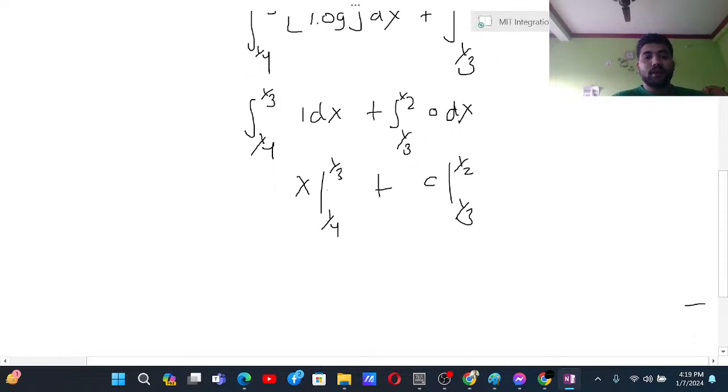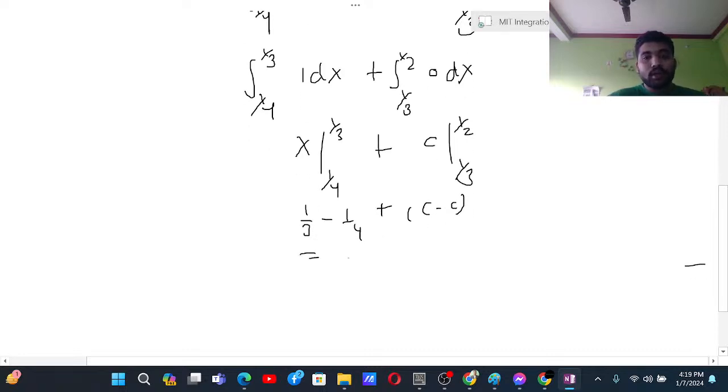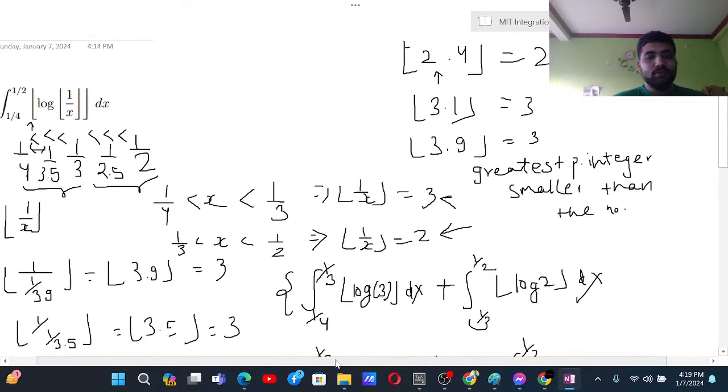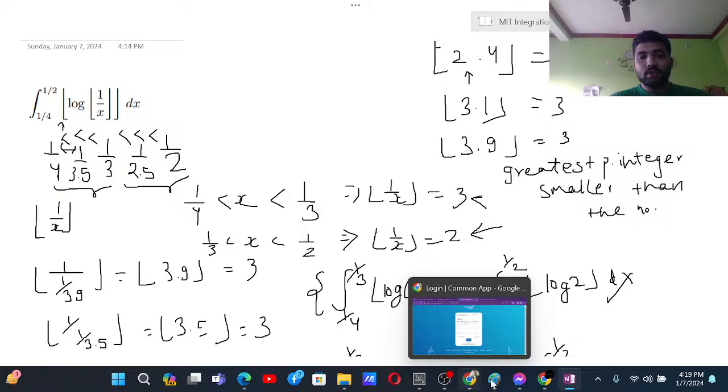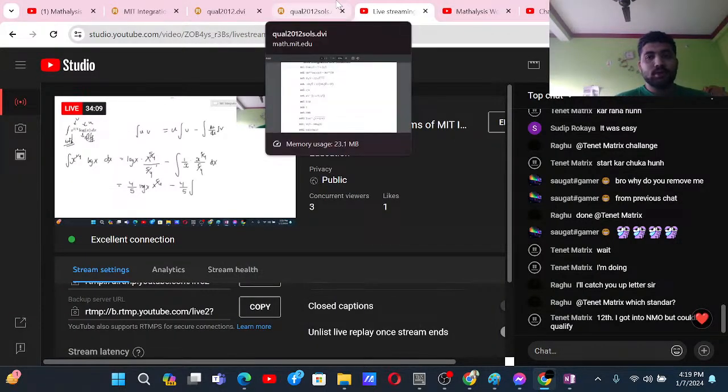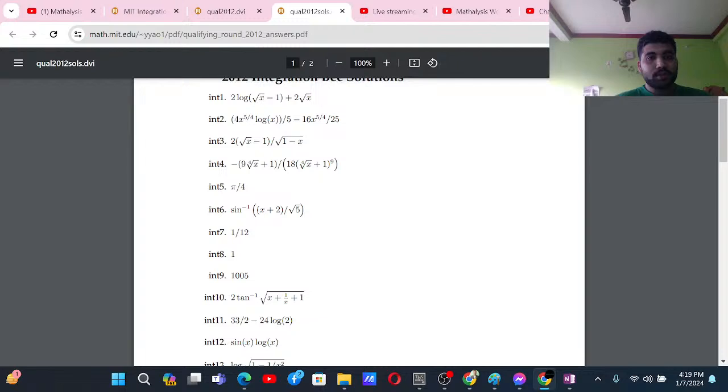Over here this will be 1 by 3 minus 1 by 4, and over here that will be c minus c. And now this is 1 by 12, that's the answer. I hope you enjoyed this problem. This was a pretty nice problem. So 1 by 12 is the answer.